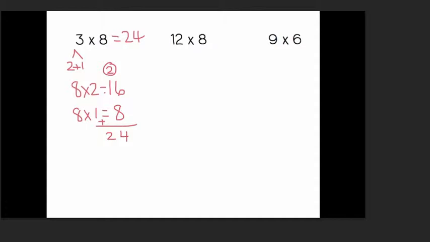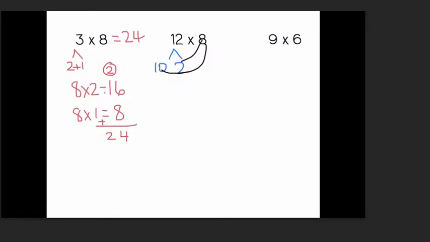Let's move on to the 12 times 8. Again, I don't know my 8's, but we've worked on our 10's and our 2's, and I know that I can break a 12 into 10 and 2. So I'm going to distribute my 8 times my 10 and my 8 times my 2.